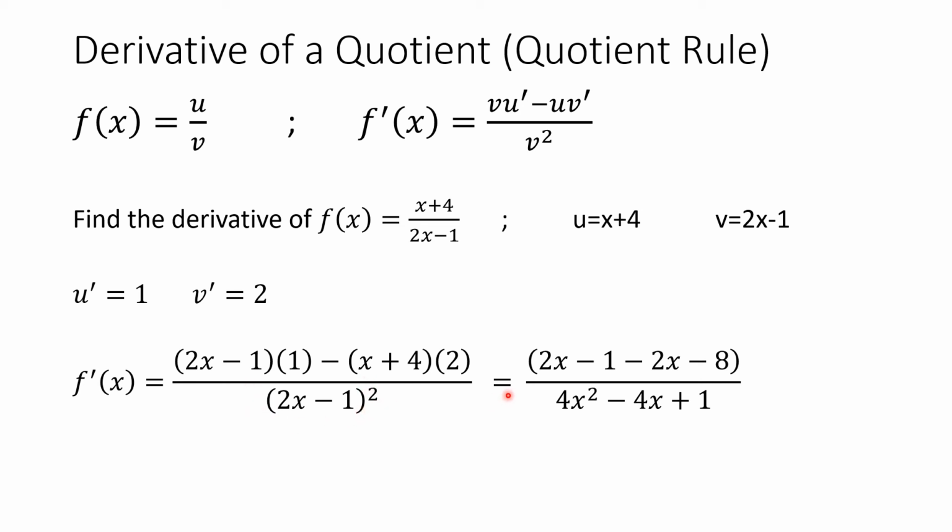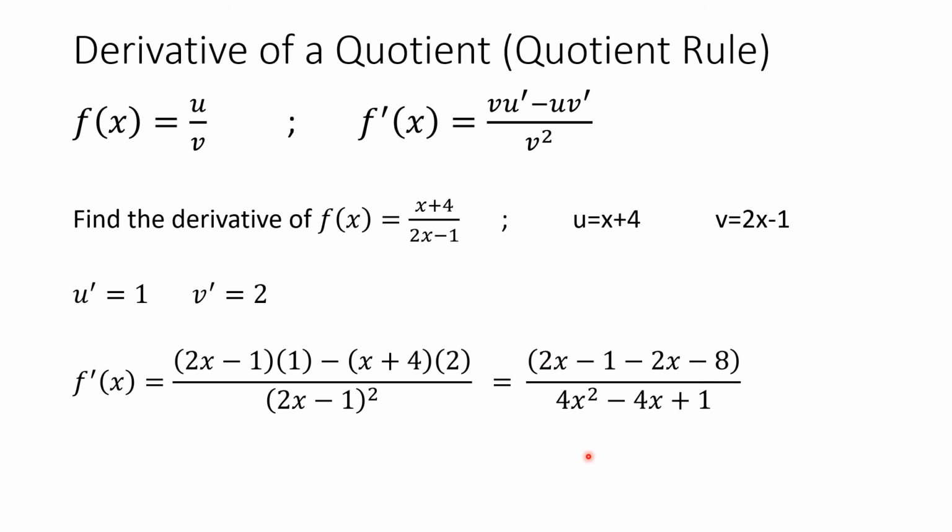And so on our numerator, we have 2x minus 1 minus 2x minus 8, all over, using the FOIL method, 2x minus 1 squared is equal to 4x squared minus 4x plus 1. So we have to simplify this, wherein in our numerator, we can combine like terms.